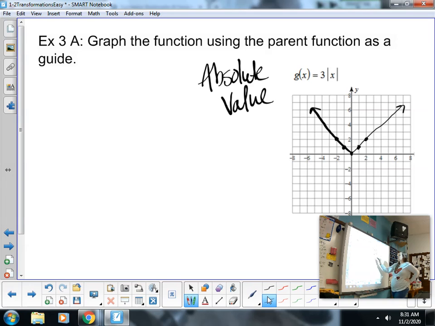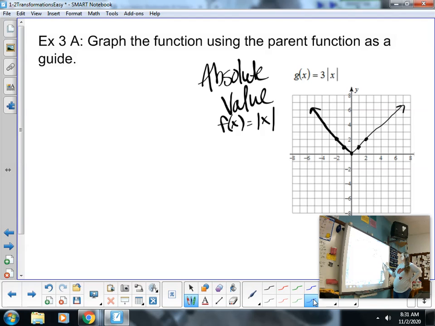So this equation was absolute value of x. You see I've added a 3 on the outside, which means whenever I plug in my x values, the y that I get back is going to be 3 times as large. So if I have the point negative 2, 2, my y value is 2, 3 times that 2 is now 6.